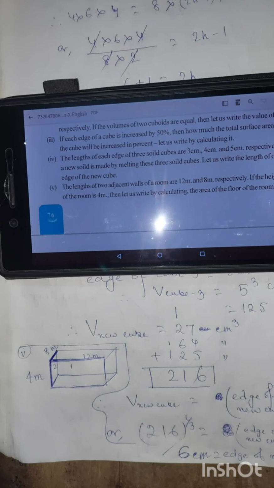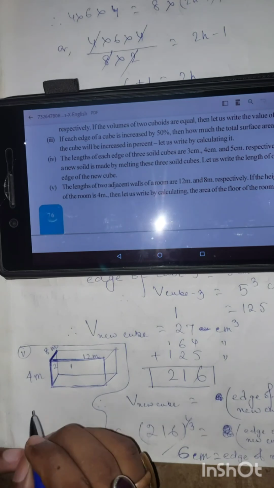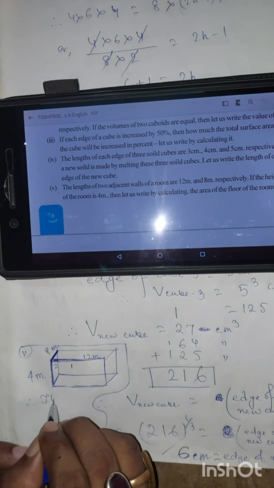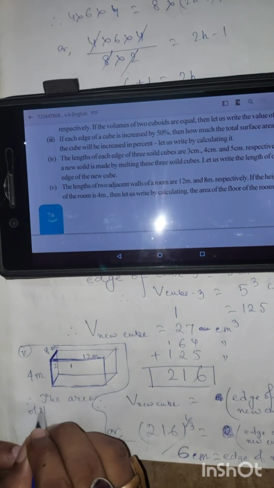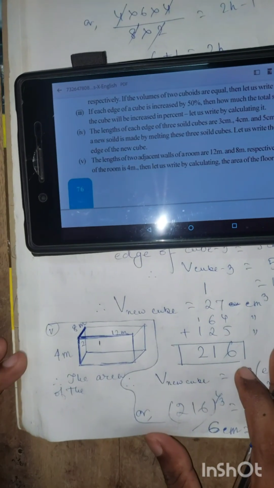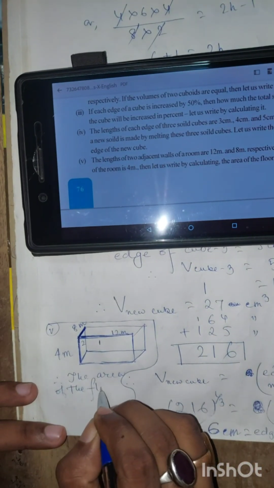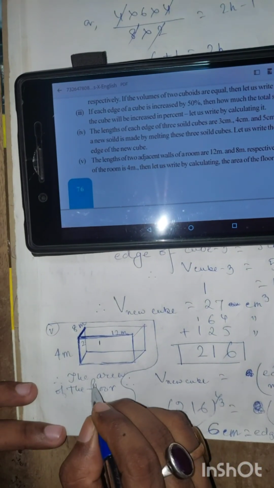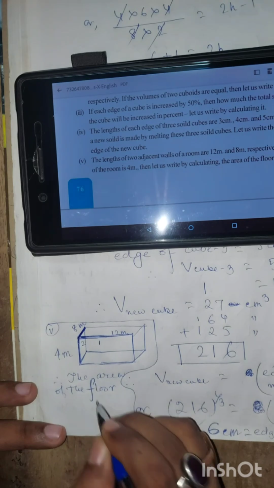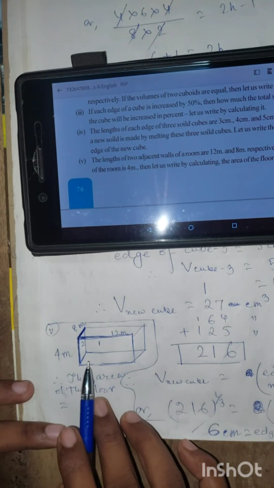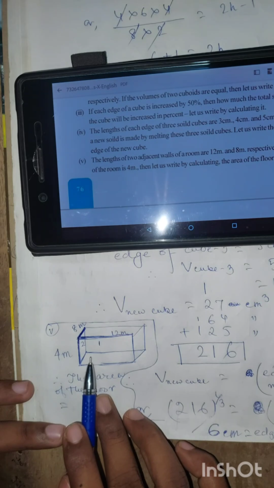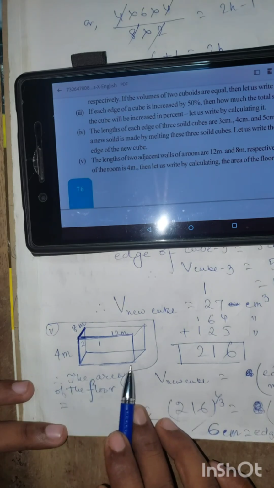Then let us write by calculating the area of the floor. Therefore the area of the floor is equal to length into breadth.